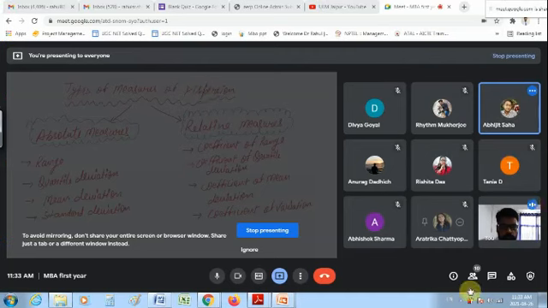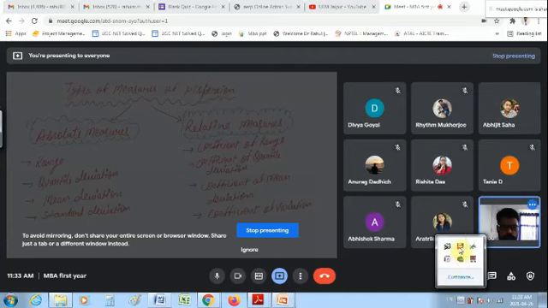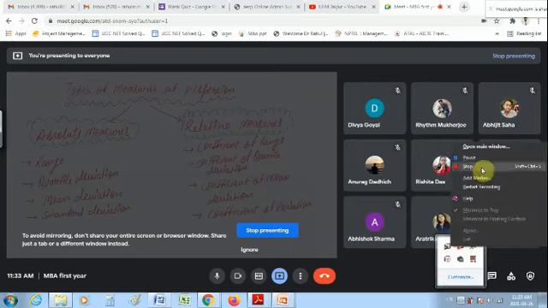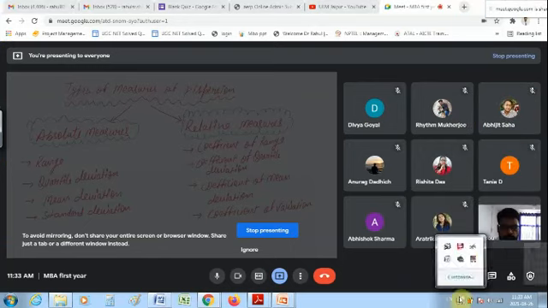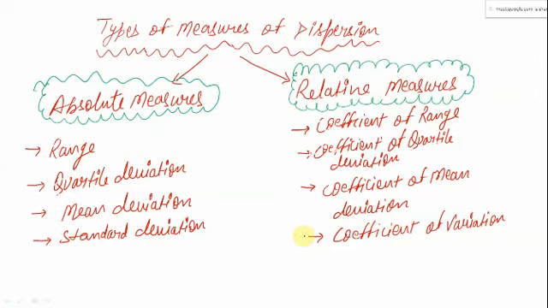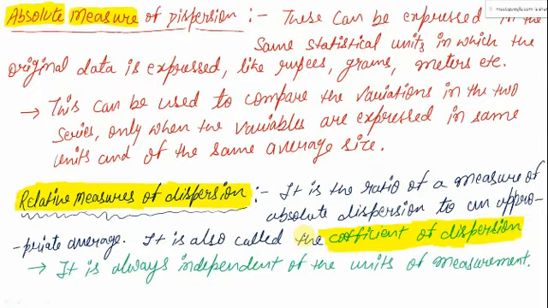Yes, please. Sir, can you please show me the definition part? I mean, the previous slide of this one. Sure, we have been discussing the definition of absolute measures and relative measures. Just a second. There it is.